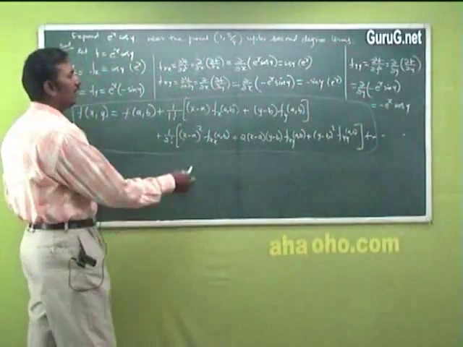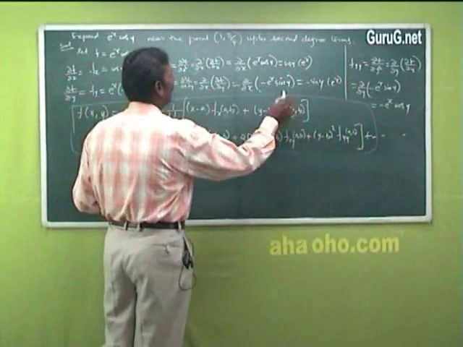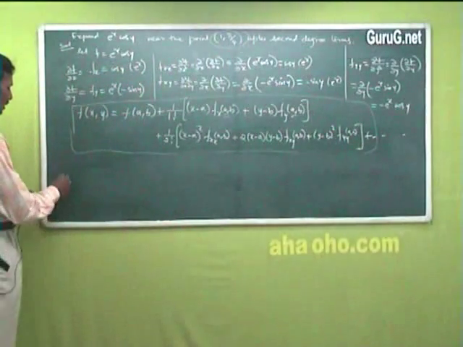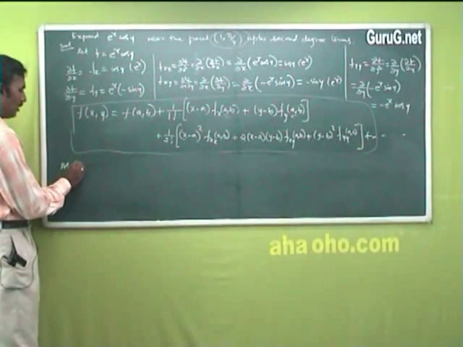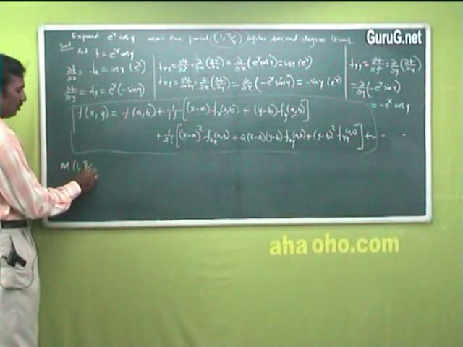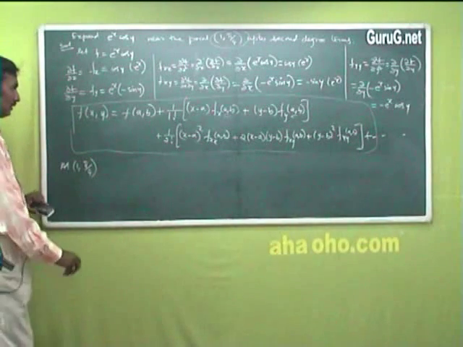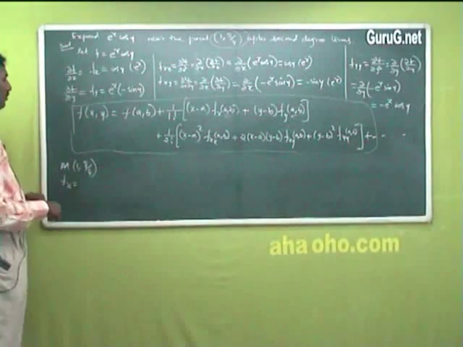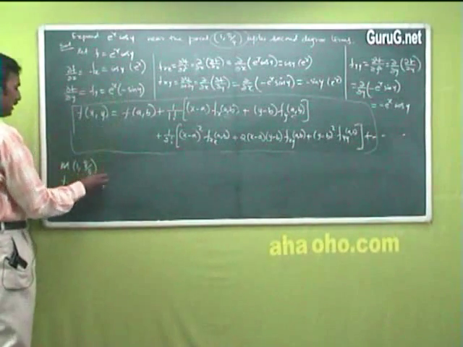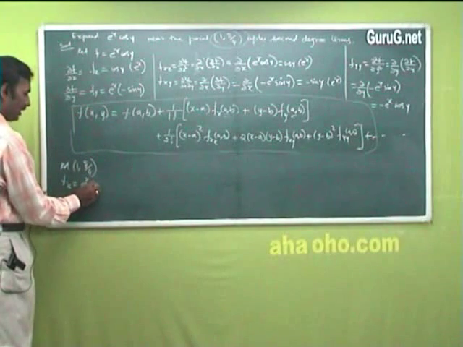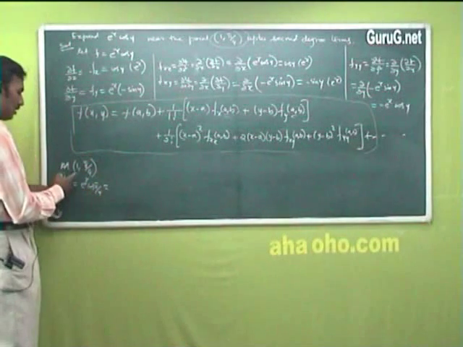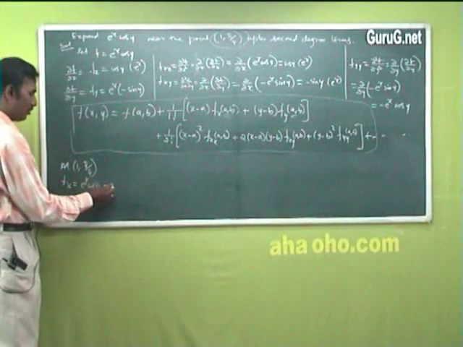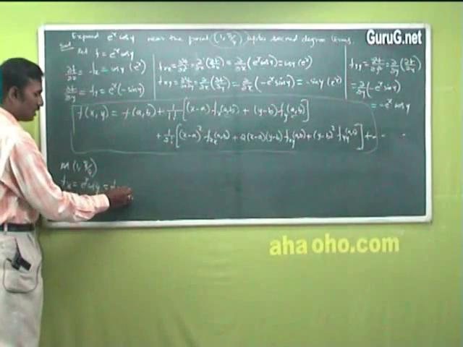Then at the point a comma b, what will be the point given here? 1 comma pi by 4. So at 1 comma pi by 4, fx is e power x cos y. You replace this x by 1 and y by pi by 4. So e power 1 cos pi by 4.